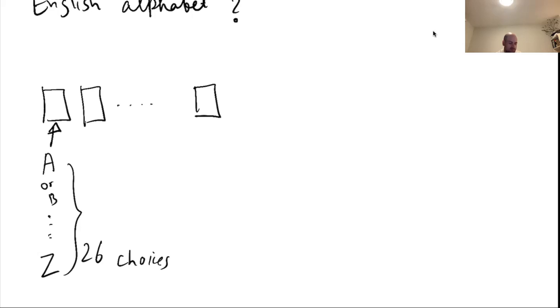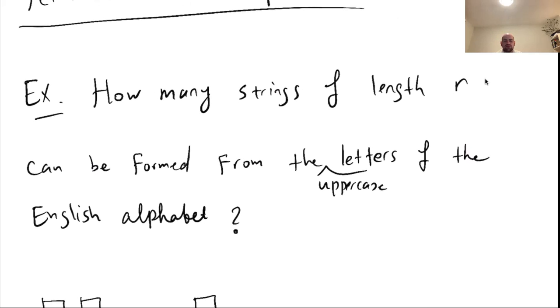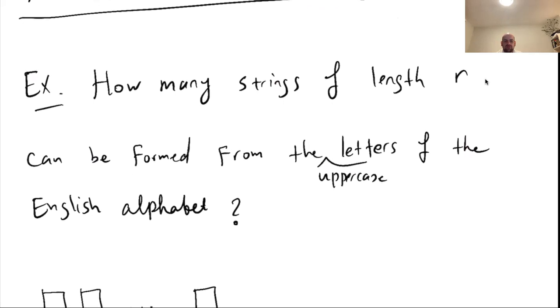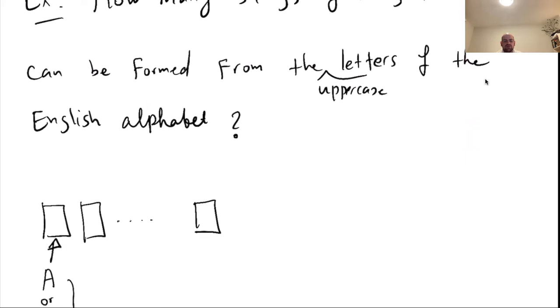Again, similarly, see here the repetition is allowed, because it doesn't say that the letters must be different, right? It just says that you want to have a string of length r, so you just want to put r letters next to each other, and all the letters must be in capital or uppercase, and that's all the restriction you have.